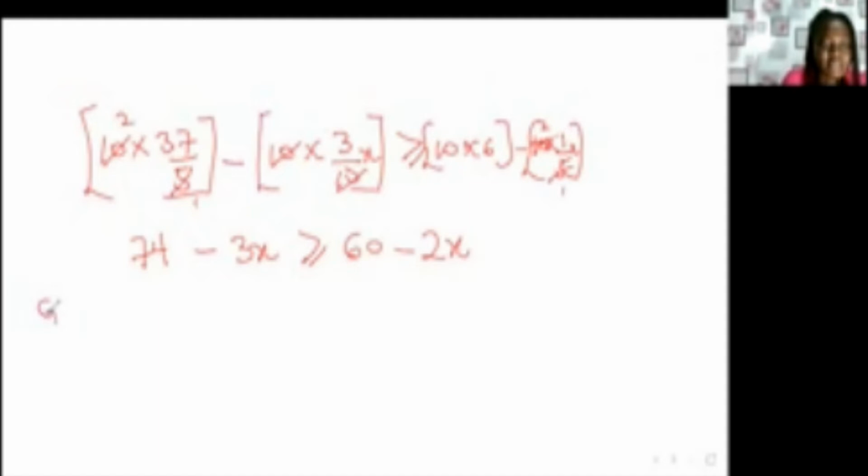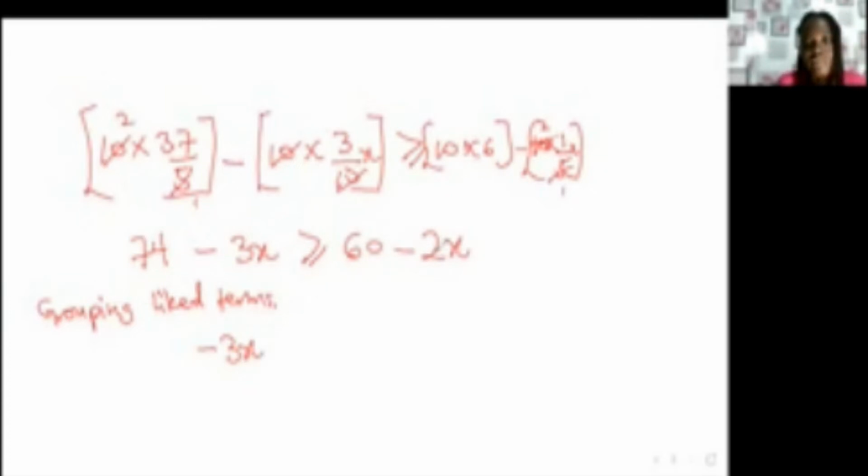So grouping like terms, we are going to have negative 3x. Then you move the negative 2x to join the negative 3x. When it crosses the sign, it becomes plus 2x. Greater or equal to 60 is already here.